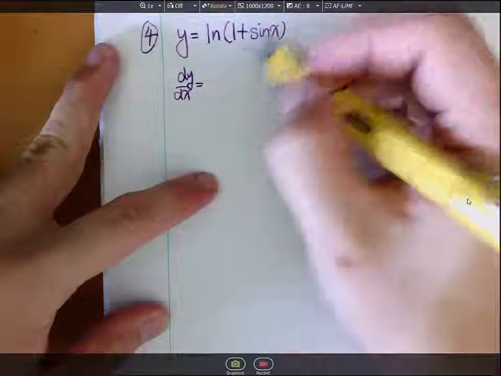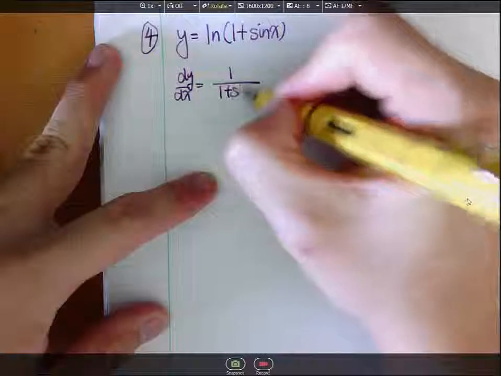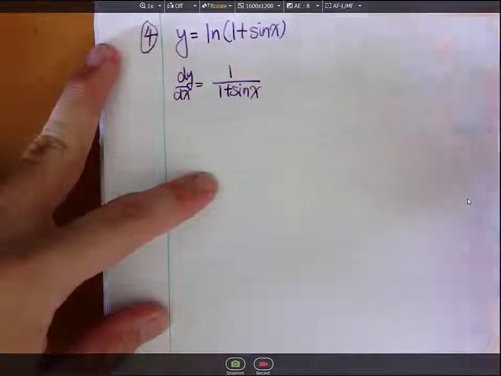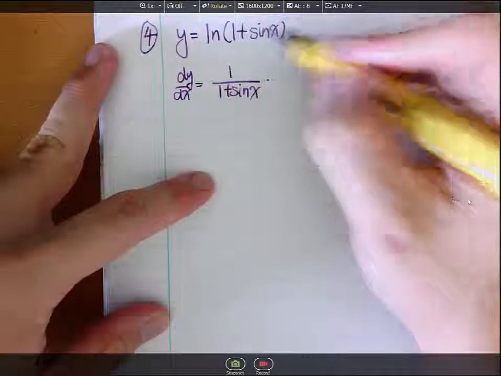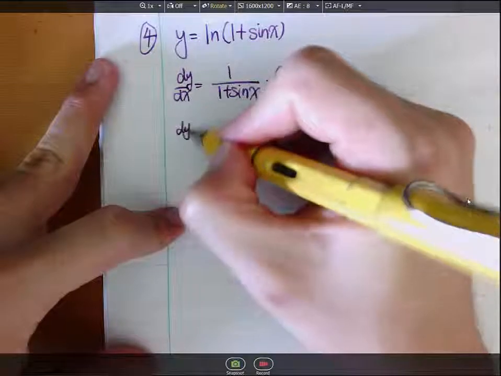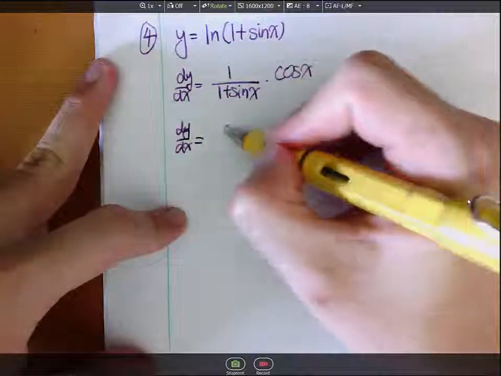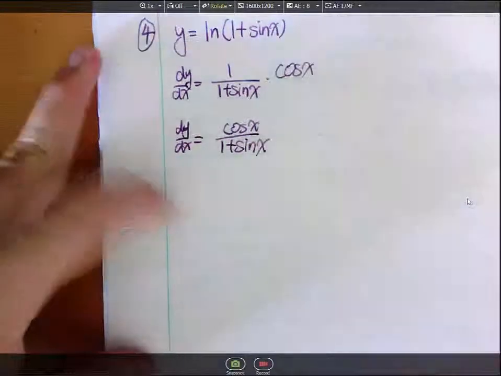You take the inverse of whatever's inside, so it's 1 over 1 plus sine x. Next thing we need to do is differentiate what's inside. Differentiating 1 gives me 0. Differentiating sine x gives me cosine x. That's why in this case dy/dx equals cosine x over 1 plus sine x.